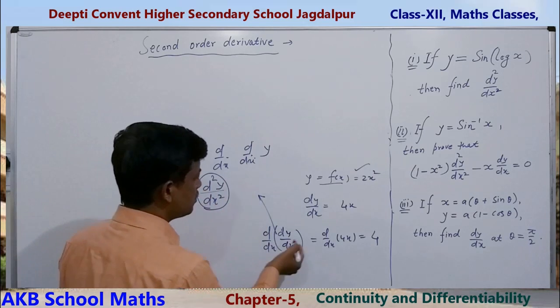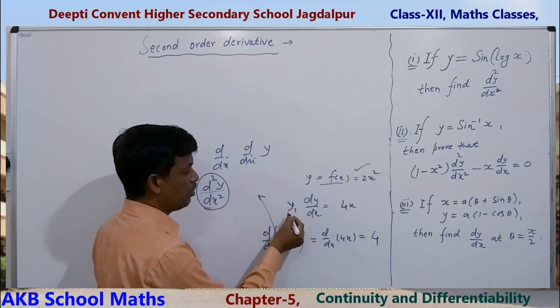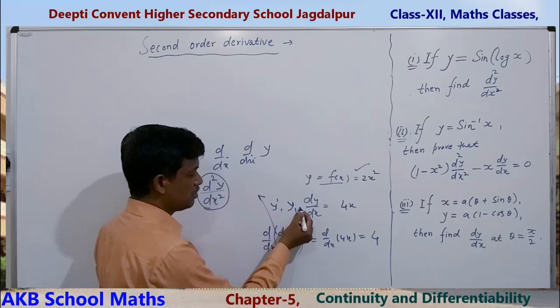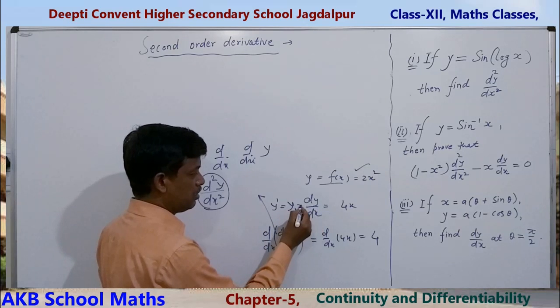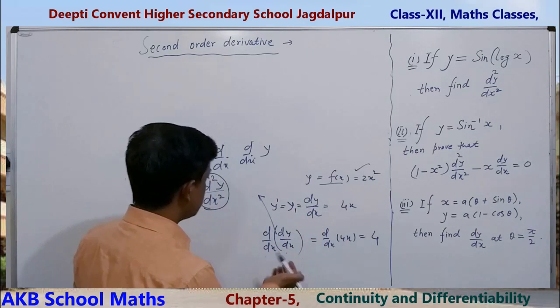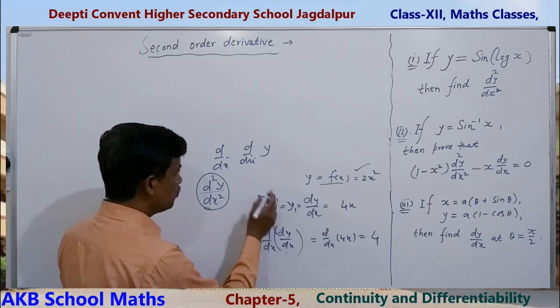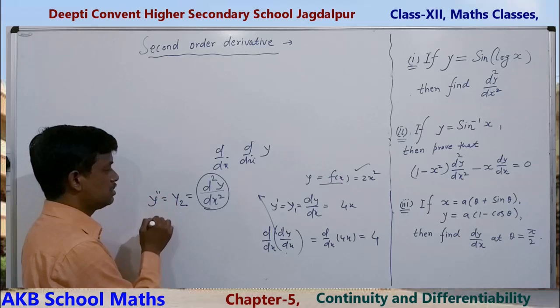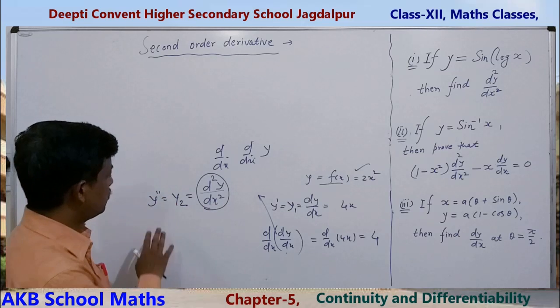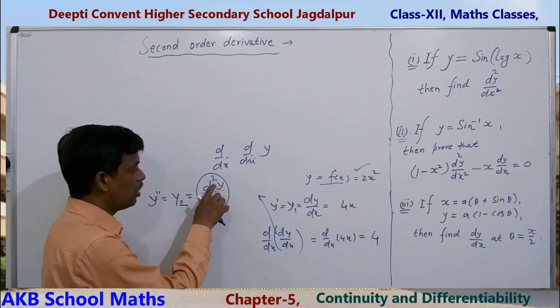Also we denote the first time derivative by y dash or y1, first time differentiation. Second time differentiation is y2 or y double dash. These are the notations for second order derivatives of y. Y means f(x).